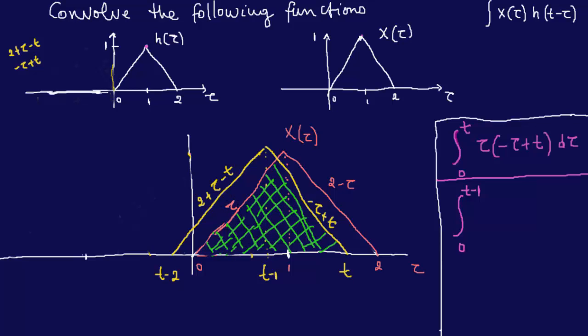The area would be the multiplication between x of tau and h of t minus tau.